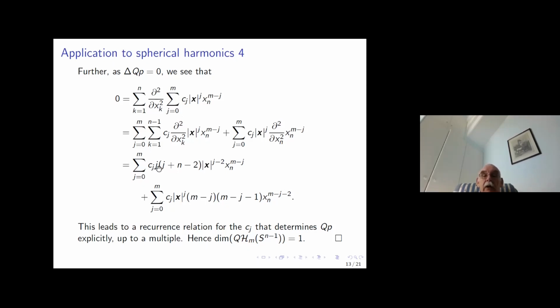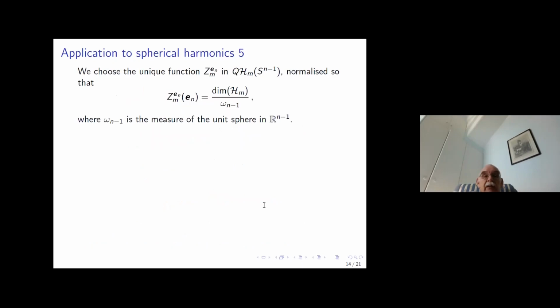So just knowing C0 tells me what all the other coefficients are, and that means that QP is determined by just one real or complex number, and that means that the dimension of the space of these things is 1. So that, I guess, is a proof of that fact.